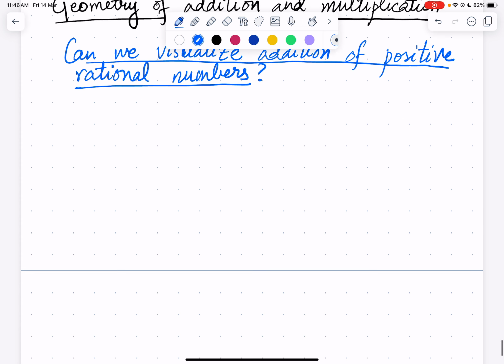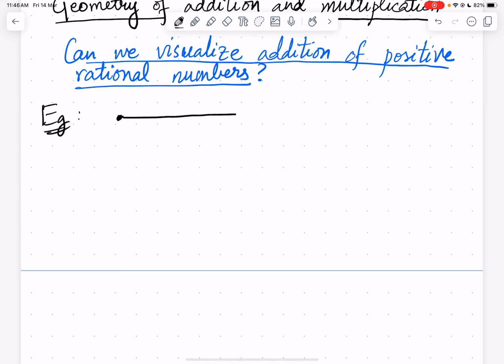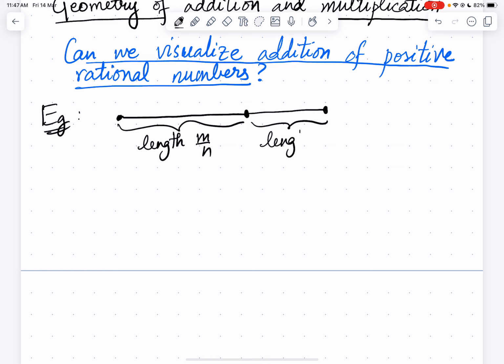So consider this example. You have a segment of length m by n and another segment of length r by s, where m, n, r, s are positive integers.